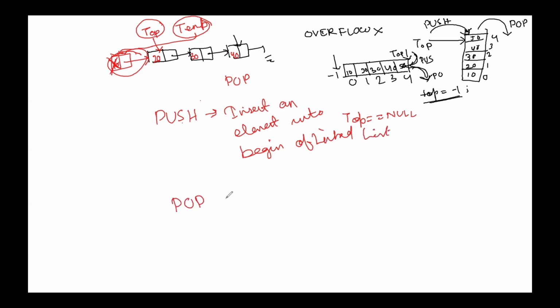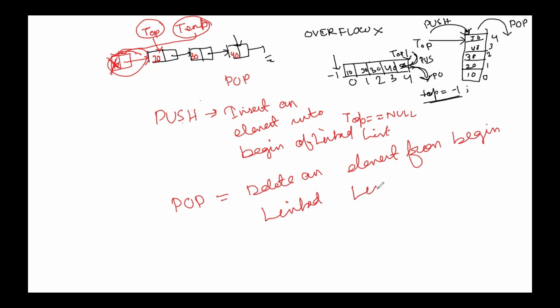Whenever we go for pop operation, it is delete an element from the beginning of the linked list. So if we understand these two concepts, how to insert an element into the first position of the linked list and how to delete an element from the first position of the linked list, then our push and pop operation of the stack is over or not.